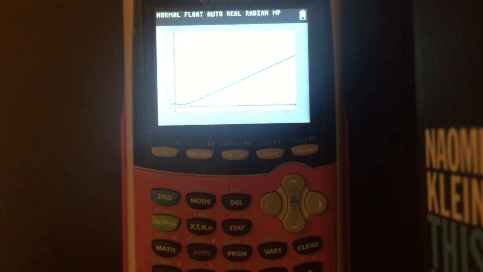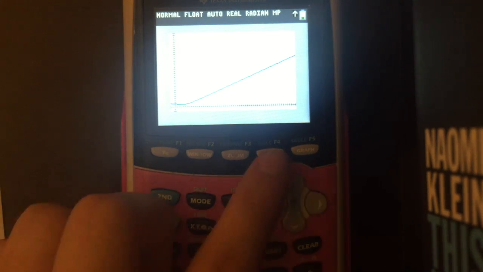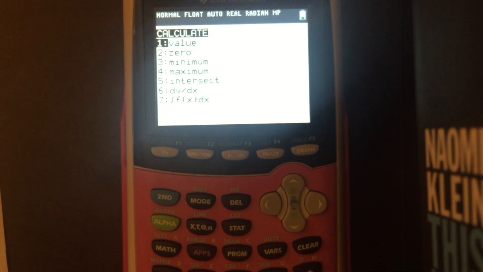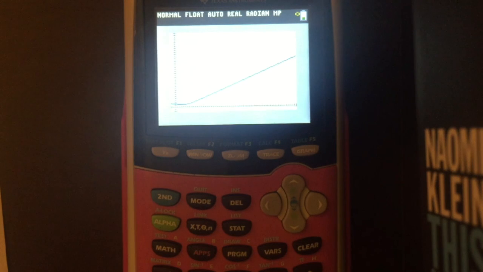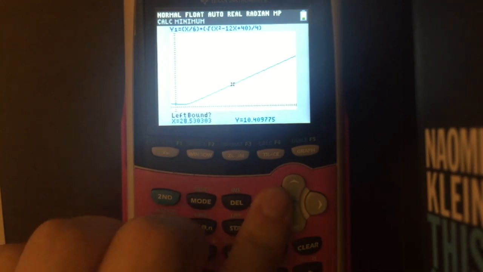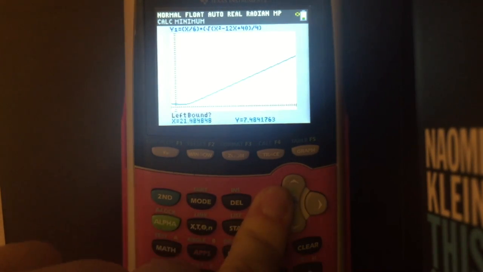So to find my minimum, I go to second trace, and it'll take me to value, zero, minimum, maximum, intersect, and some more things that we don't need. So to find my minimum, I obviously go to minimum, which was 3. So for left bound, I need to go all the way to the left. This is going to take a while, but go all the way to my left.